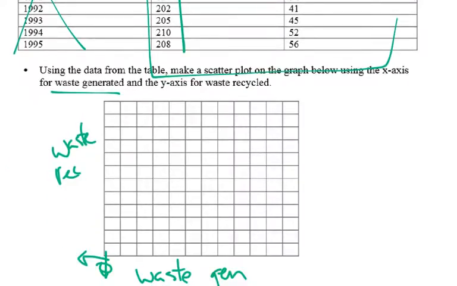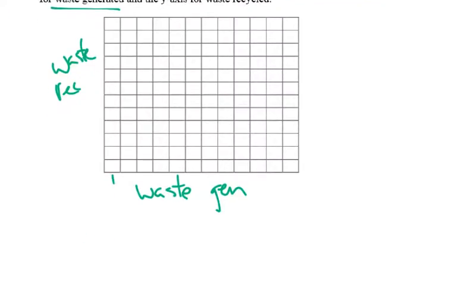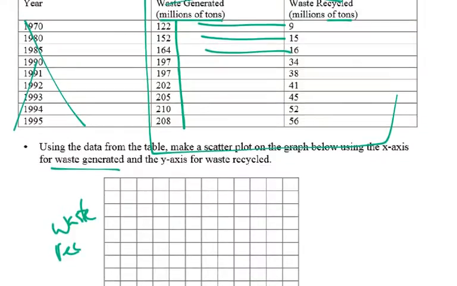So probably the best thing to do on this one would be to maybe start at 100, and if you make a little line like that, it's like your graph has got a spot missing. So if we start at 100 and then go 110, 120, 130, 140, 150, 160, 170, 180, 190, 200, 210. That should be good enough to get all our information.